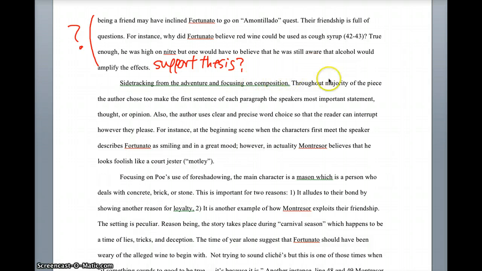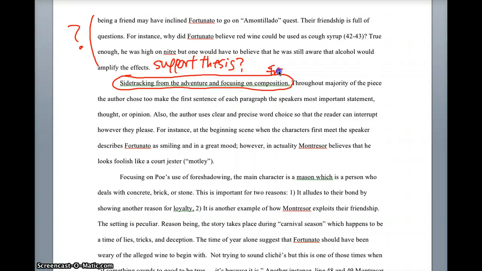One big mistake I've noticed in a lot of essays is that students either focus on plot summary or they talk about generalizations. For example, here, sometimes students will include points that make no sense whatsoever, sidetracking from the adventure and focusing on composition.